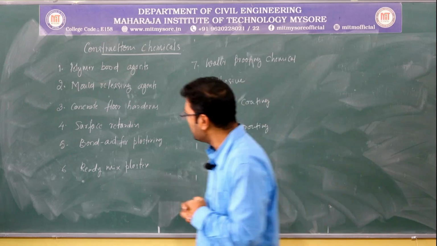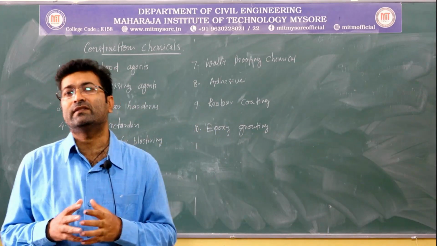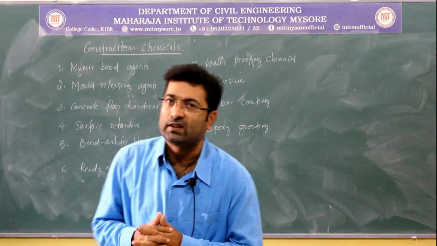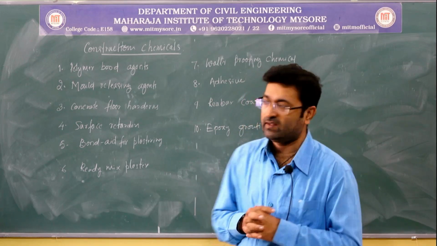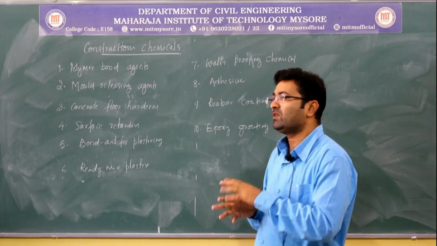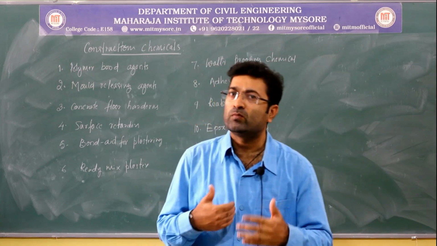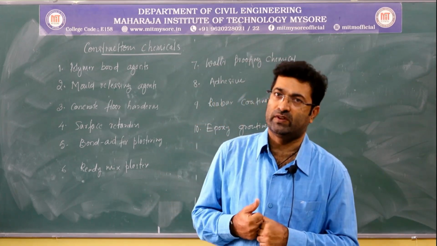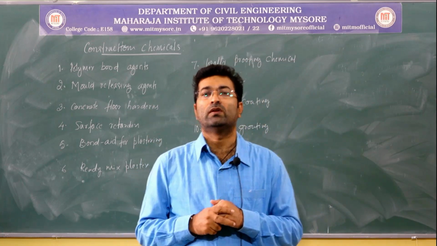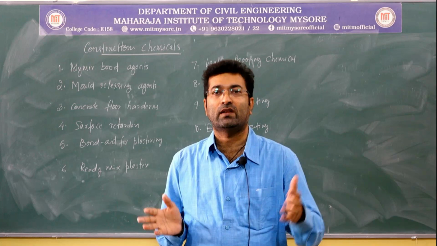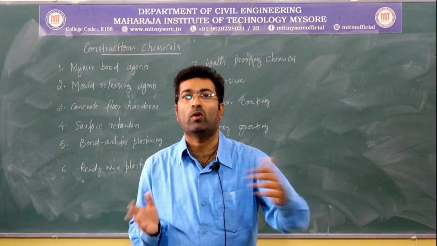Now, the third one is concrete floor hardeners. Whenever there is a necessity to set the concrete very fast, for example, you have cast a concrete road where the movement of vehicles is very frequent, we cannot block that road for 10 hours until the concrete gets hard.